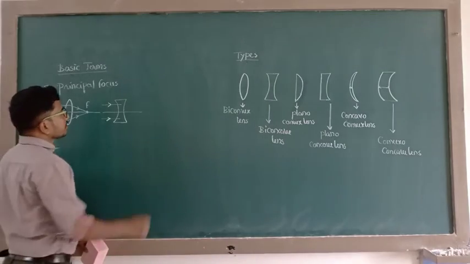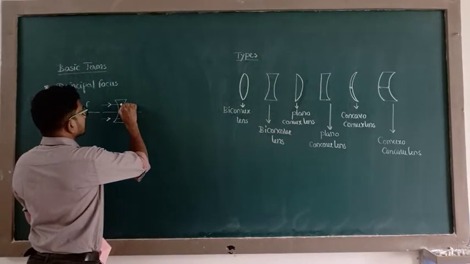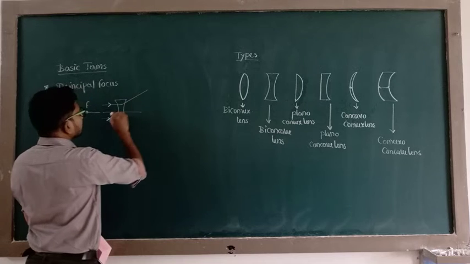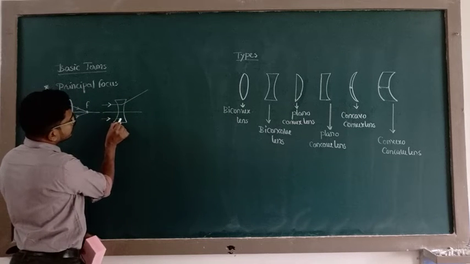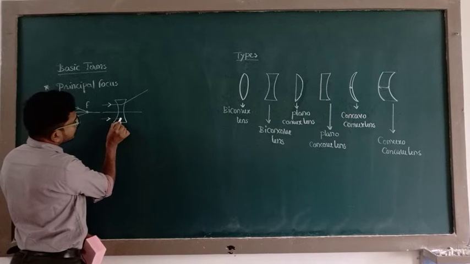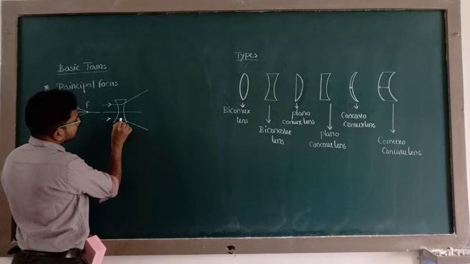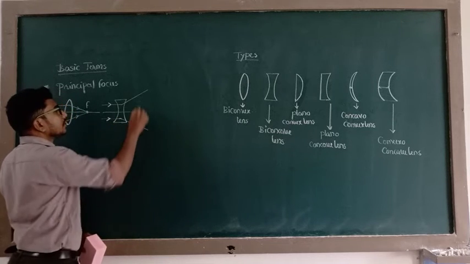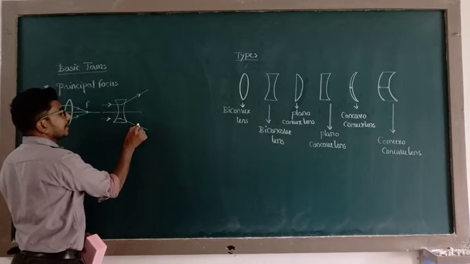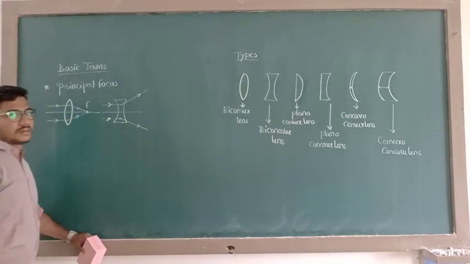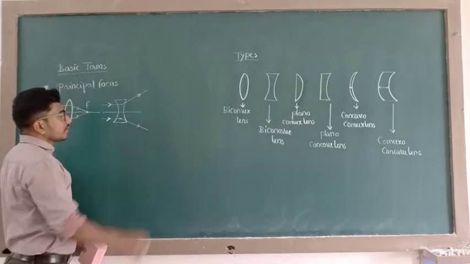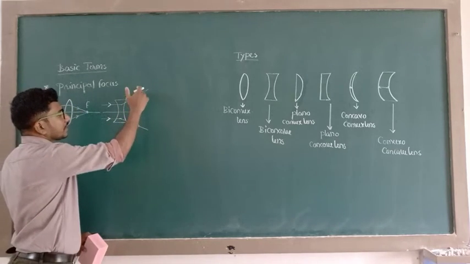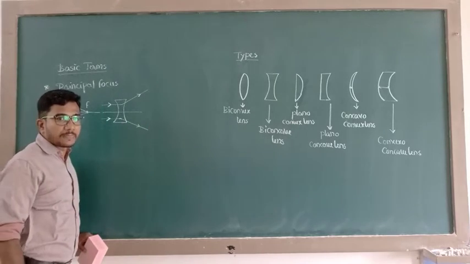After refraction, it produces a divergent beam of light. Direction of refracted light rays. But divergent light rays never meet each other when proceeding in the forward direction.